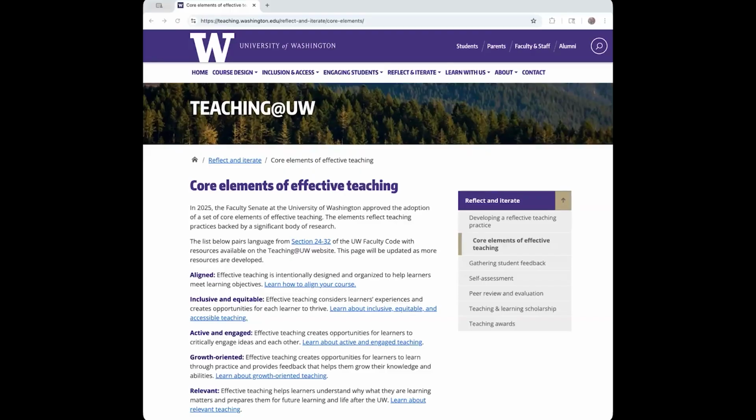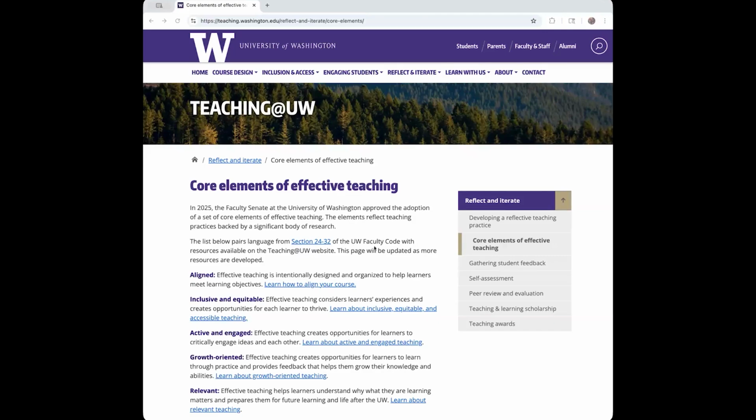This web page has all 5 core elements. You can also find them in the faculty code, and we link to it, but anyone who has visited the faculty code knows that the formatting is challenging. So we've made it a little more user-friendly and put them here on this web page.